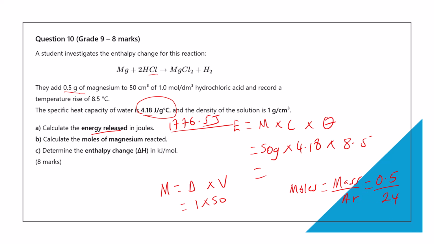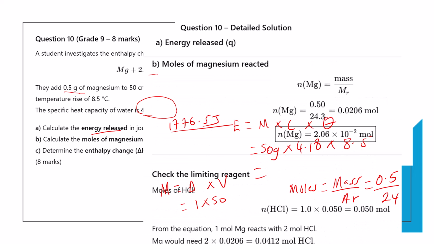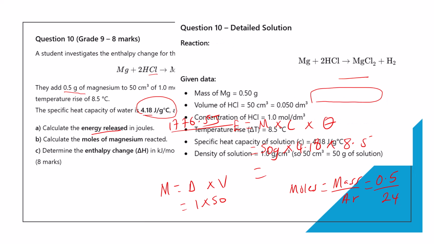So if you divide that, that will give you the moles that reacted. And I think that's going to be around 0.02. They've used 24.3, which is more exact, but it's okay if you just use 24 for GCSE. So this is the number of moles that reacted, 0.02 something. Now, if 0.02 moles of magnesium reacted, then HCl would be double because it's 2 here. That would be 0.04 and so on.